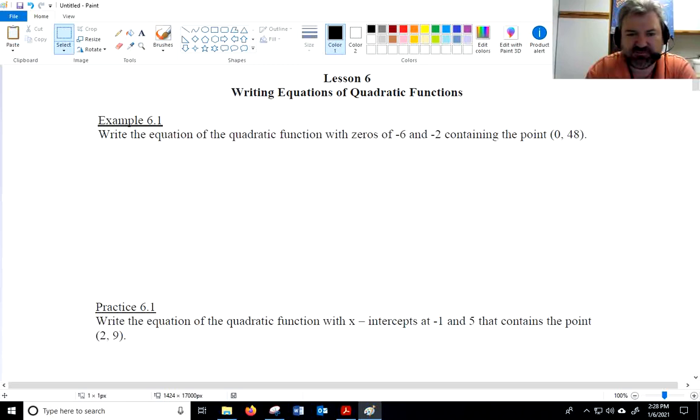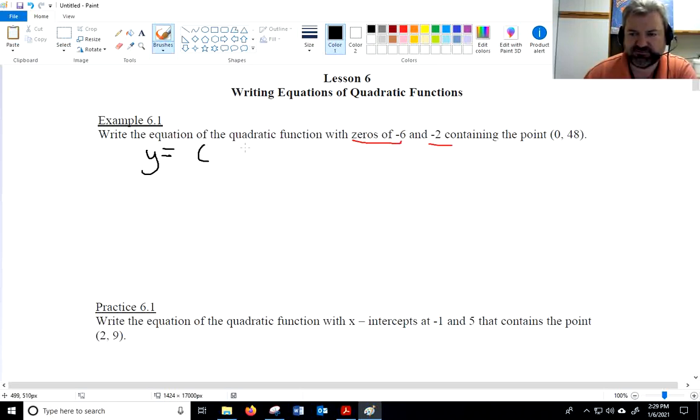So here we go. We're going to write the equation of a quadratic function with zeros of -6 and -2 that contains the point (0, 48). Because we are given zeros, remember that zeros are connected to factors. So if you're ever given the zeros, you should simply write your equation in factored form.